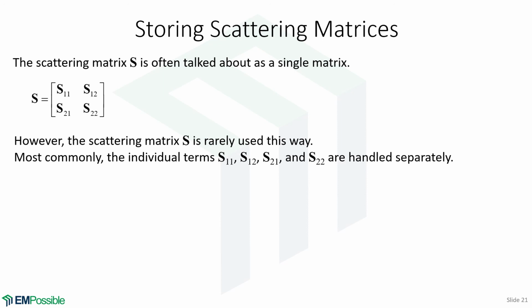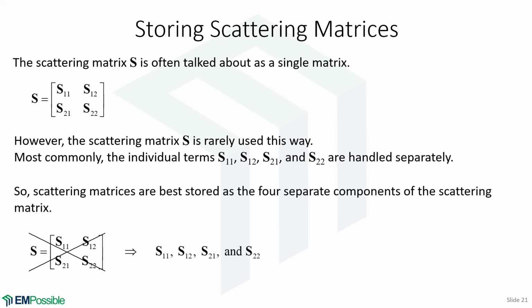We just store S11, S12, S21, and S22 as separate matrices in and of themselves. We never actually put them together and have an overall scattering matrix. The rare times I've done that, it's because my code's not working, and I'm making sure my scattering matrix is unitary and checking for that, but the overall scattering matrix is never used. It's just the individual elements that are. So we store them separately.